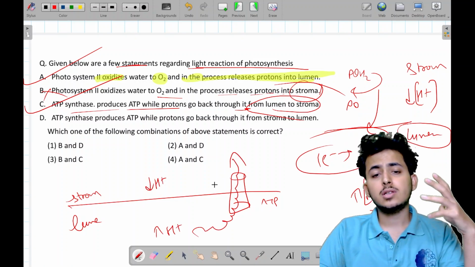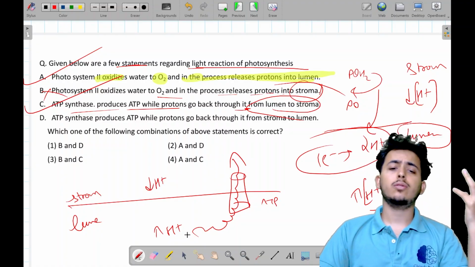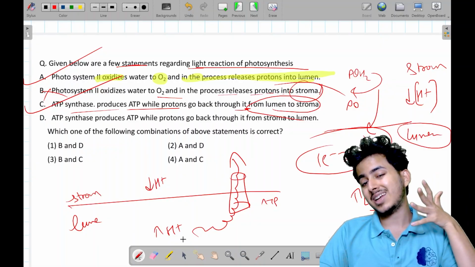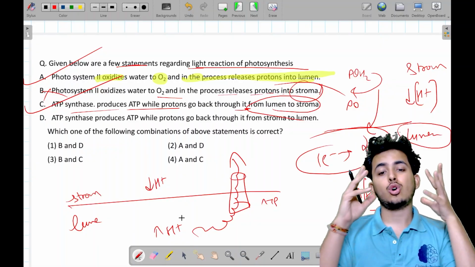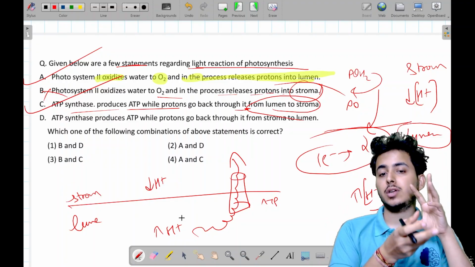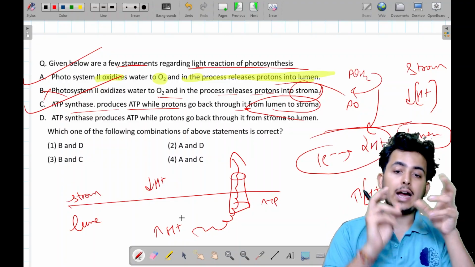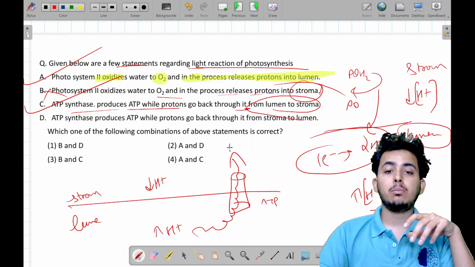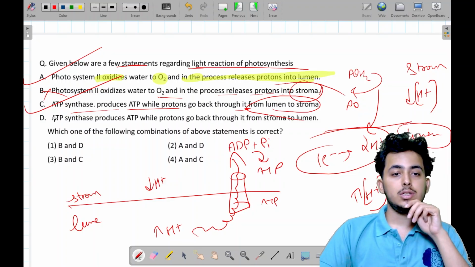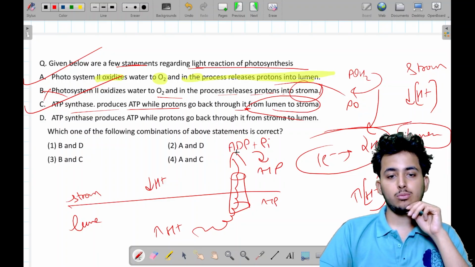Due to the high energy of the protons, there is a conformational change in the head of the F0, F1 particles of the ATP synthase, and because of that change, we are able to couple ADP with Pi and generate ATP. So this part is correct because of the movement from lumen to stroma.